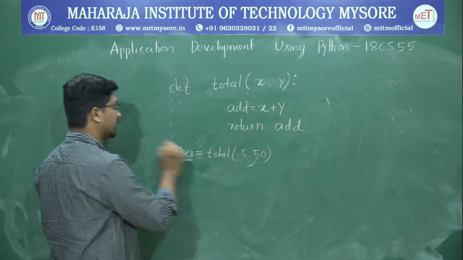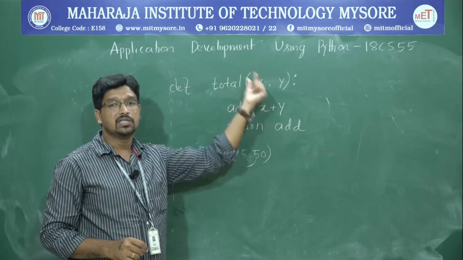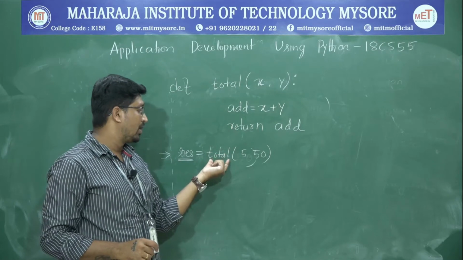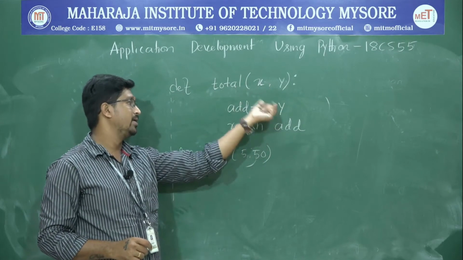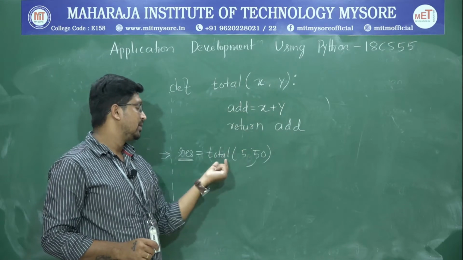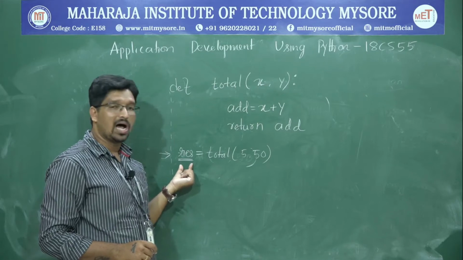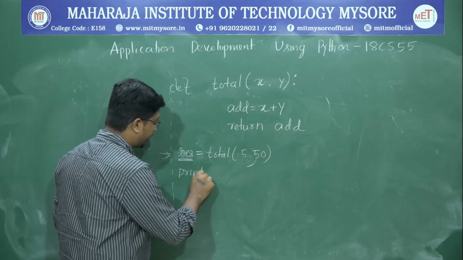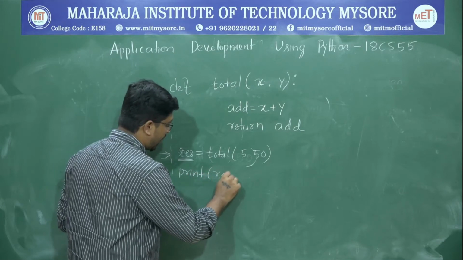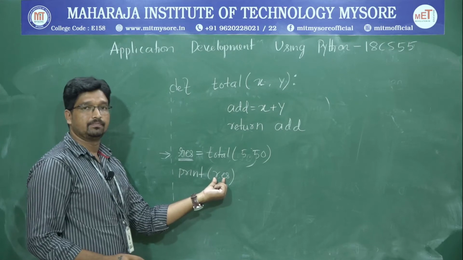Now it is the receiver. It will receive whatever data the function is giving. So here I am calling the function with two parameters 5 and 50. It will go, it will add, and it will return the result. The returned result will be stored in a variable called res. Now if you want to print the result, you can say print of res. The result will be 55.